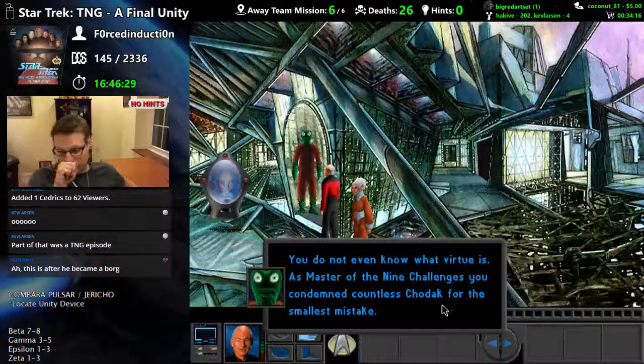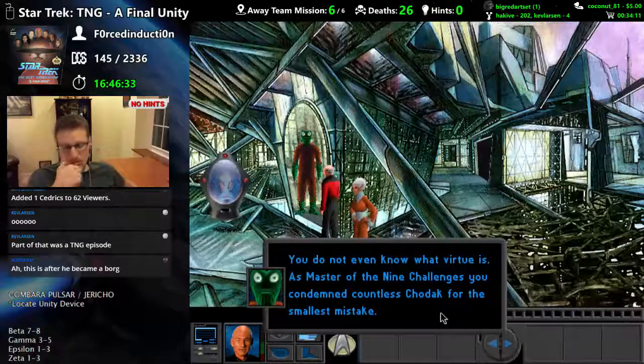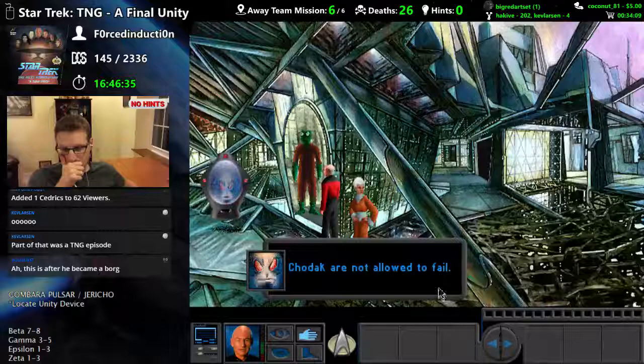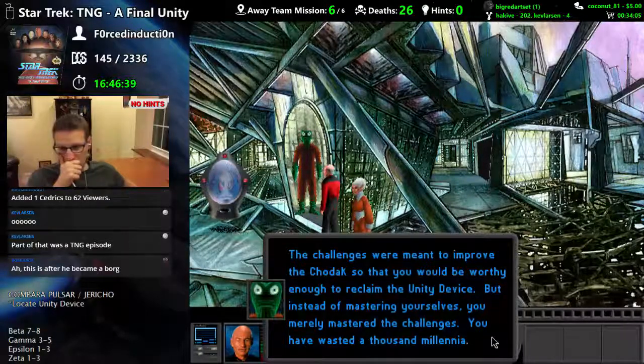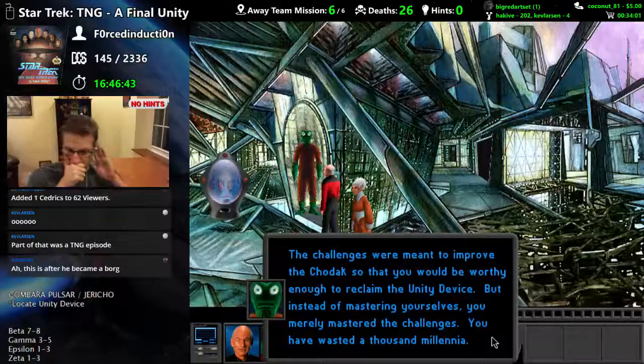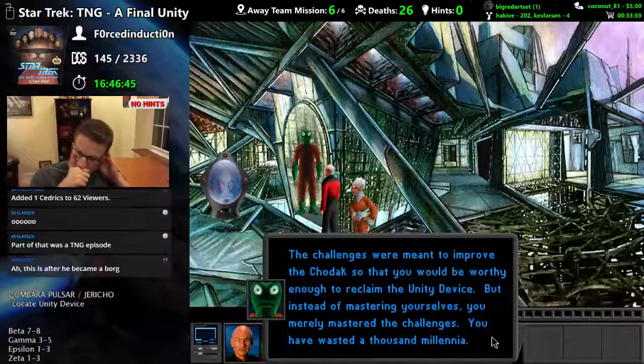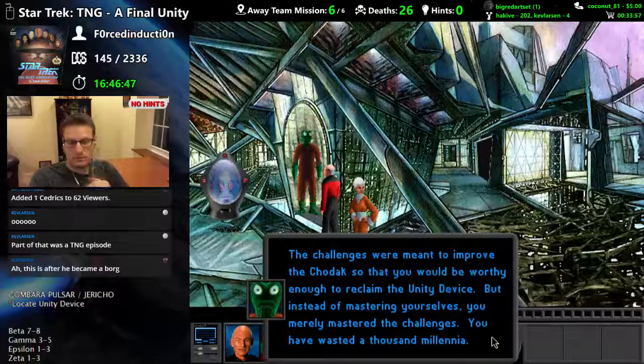As master of the 9 challenges, you condemned countless Chodak for the smallest mistake. Chodak are not allowed to fail. The challenges were meant to improve the Chodak, so that you would be worthy enough to reclaim the Unity device. But instead of mastering yourselves, you merely mastered the challenges. You have wasted 1,000 millennia.